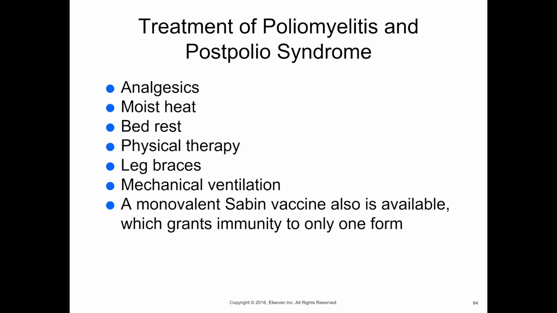Now, one of the more interesting aspects of polio is that someone can contract polio, completely recover from it, live a normal life. 20, 30, 40 years down the line, they start to experience paralysis in a limb. That is post-polio syndrome. What happens is a lot of our muscles are actually innervated by multiple nerves.